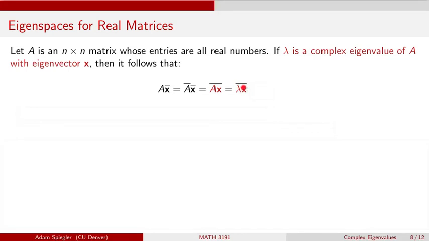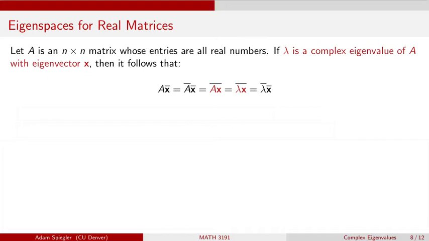And now we have this product of lambda x that we're conjugating, and we can break that up into the product of two conjugates. So I can write that as lambda conjugate times x conjugate, where now lambda is a complex number and the eigenvector is likely to also be complex.